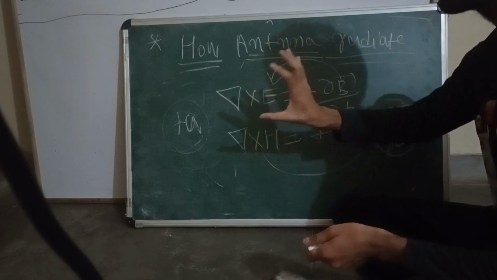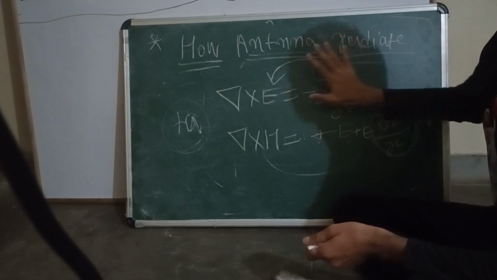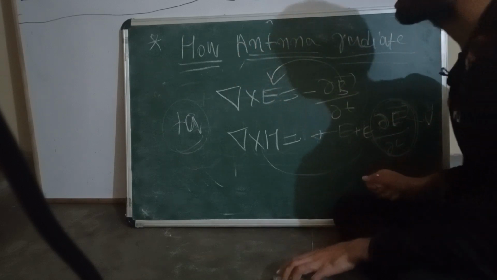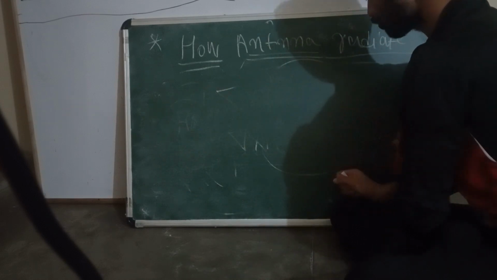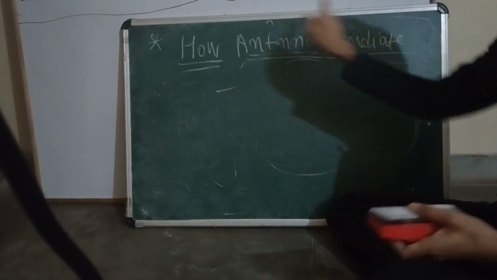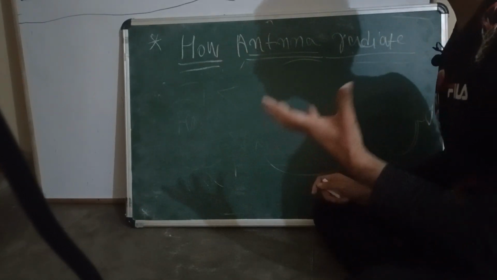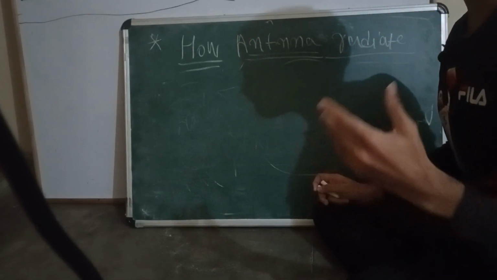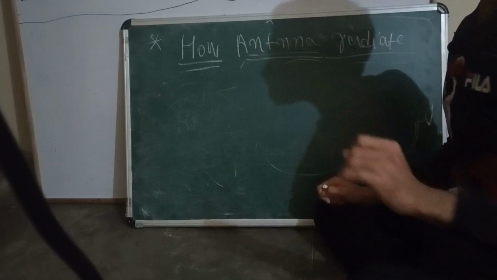Taking this as a base, we can now discuss how the antenna radiates. This is actually the main concept. Before going directly to the antenna, we should know about the behavior of the charge. If the charge is not oscillating at all, then discussion about the antenna is useless.